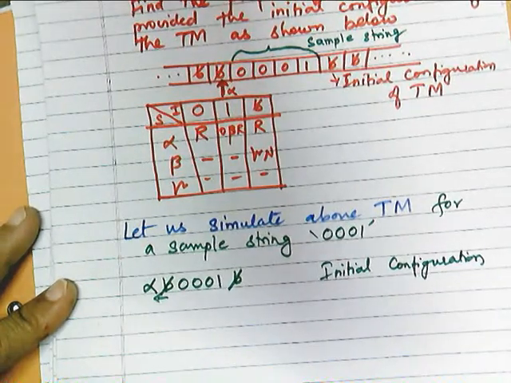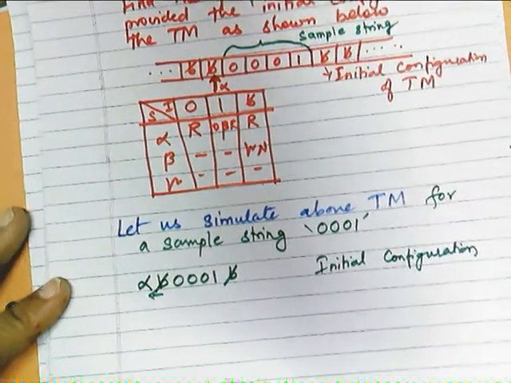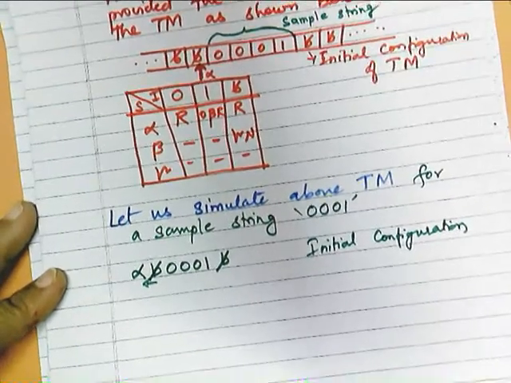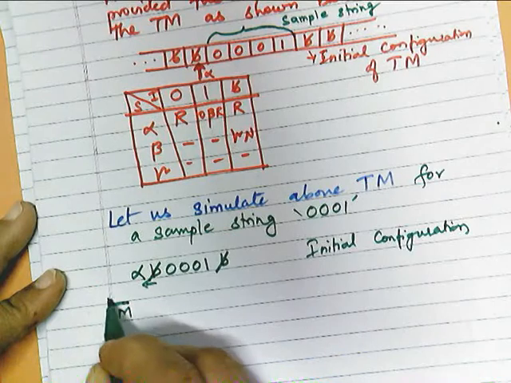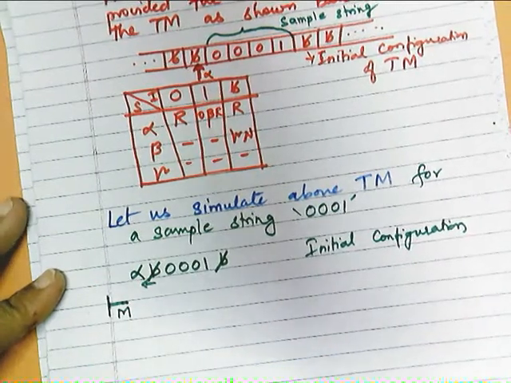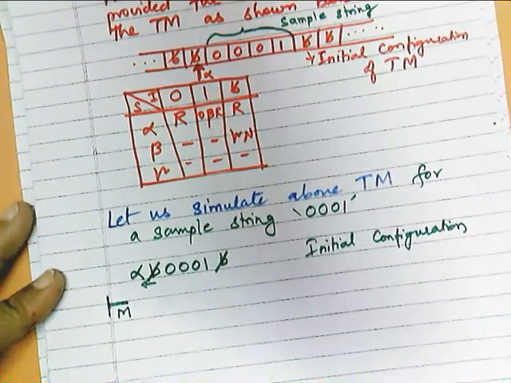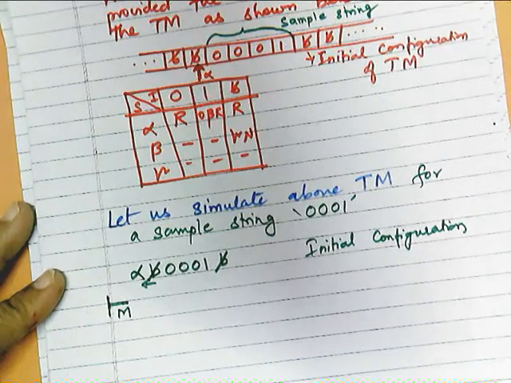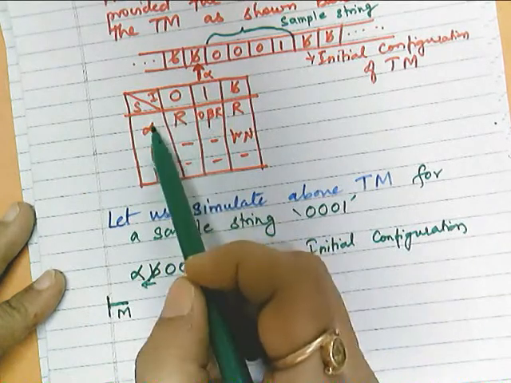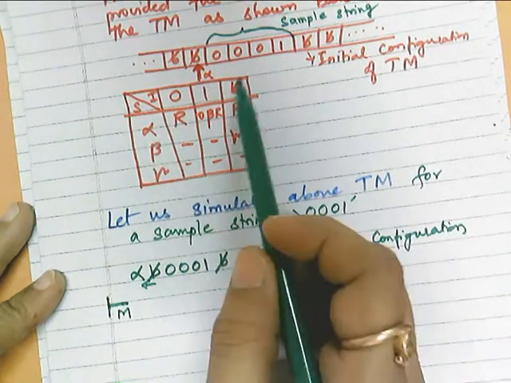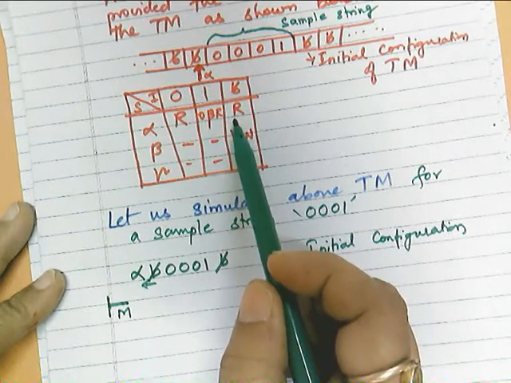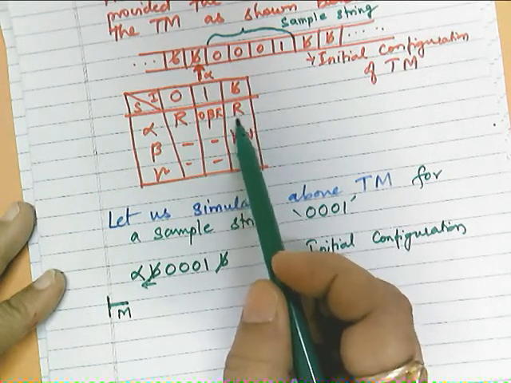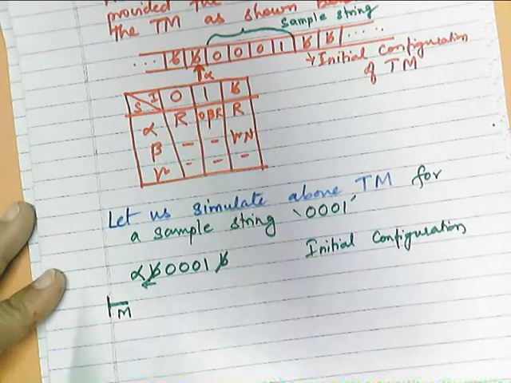Now we want to go to the next steps. When one move is allowed by the Turing machine on the above ID, we get the next ID. How do we get the next ID? We check: if the current state is alpha and the current symbol read is blank, then it should move towards the right, keeping all other information as it is.